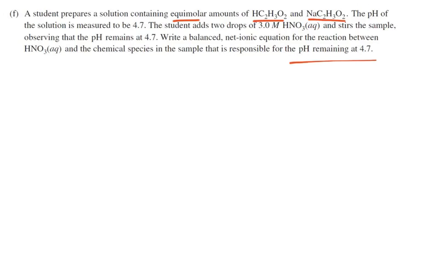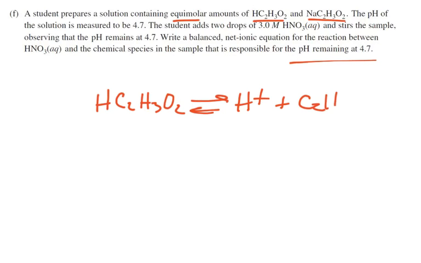Okay, and if we have a buffer, then what we really have is just the dissociation equation of a weak acid. And that's going to break up to be H plus and acetate.